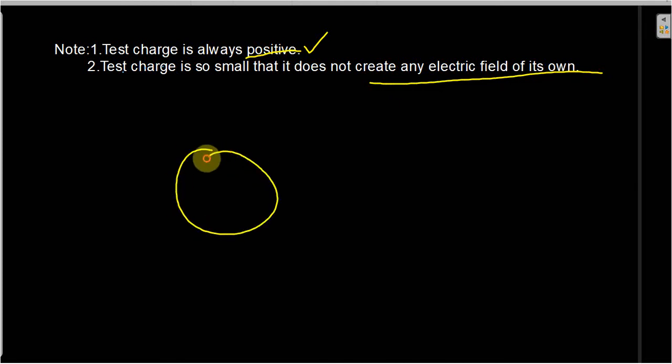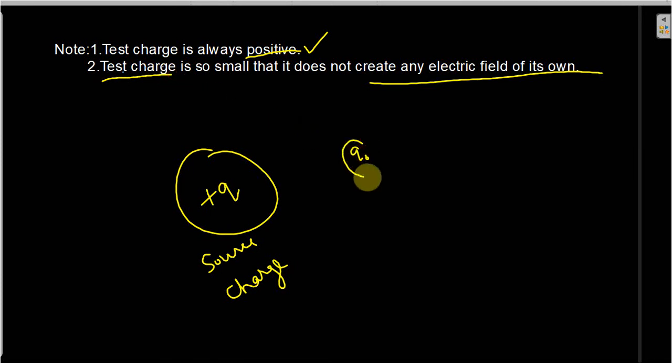You have a positive Q, that is your source charge, and the amount of source charge is always greater than the test charge. Why is the test charge so small? Test charge is always very small, near to almost 0, so that it cannot disturb the field line of the source charge.